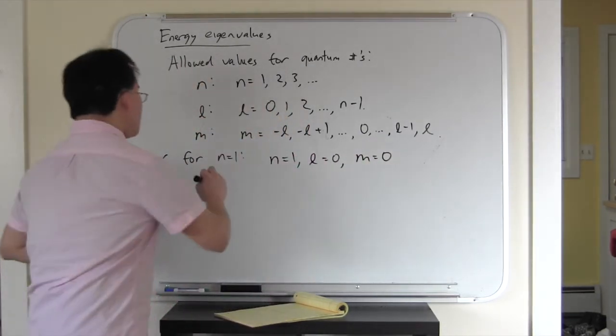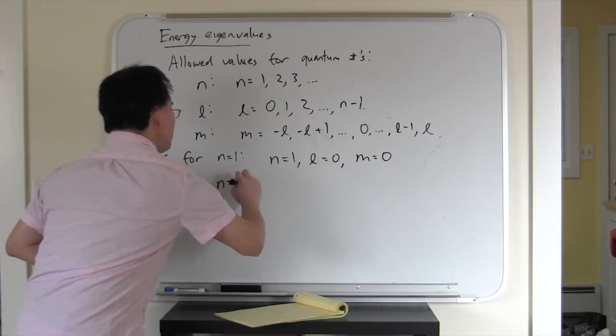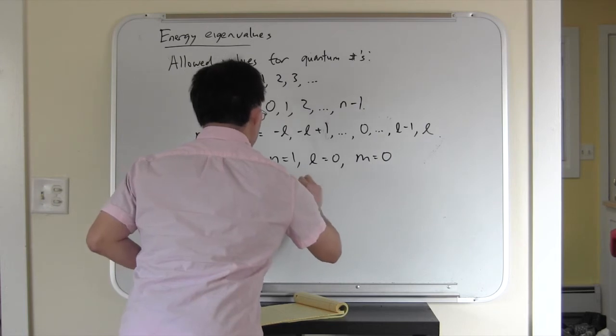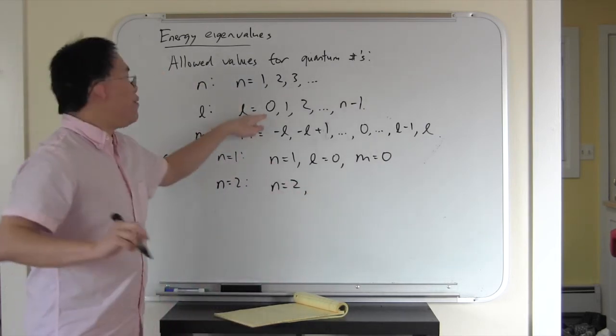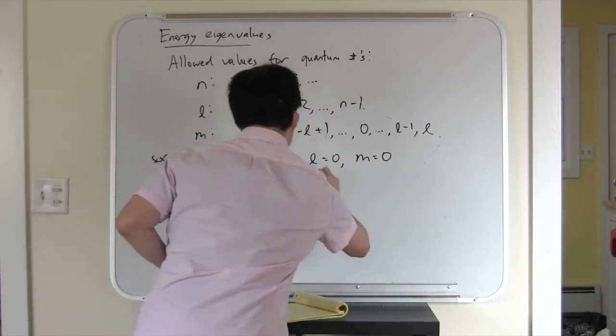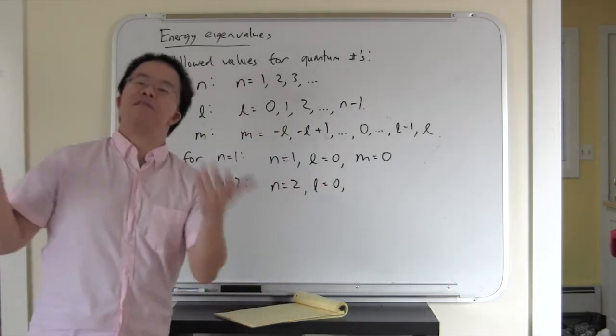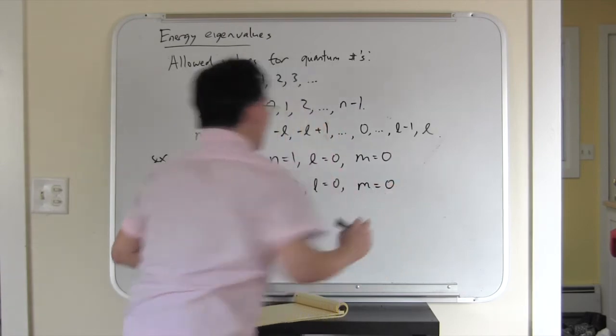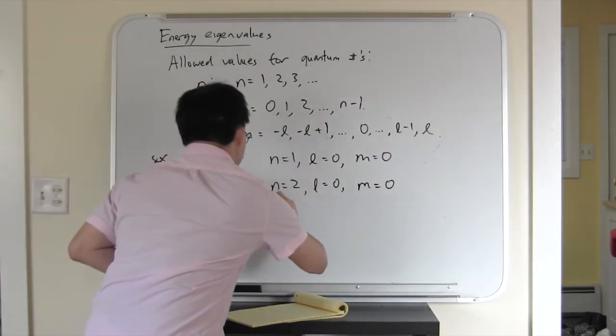Things get a little more interesting for n equals 2. For n equals 2, we likewise have an L equals 0 state. And for that state, the only possible value of m is 0.